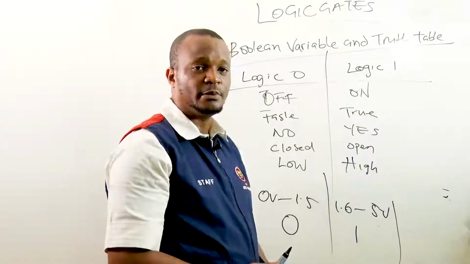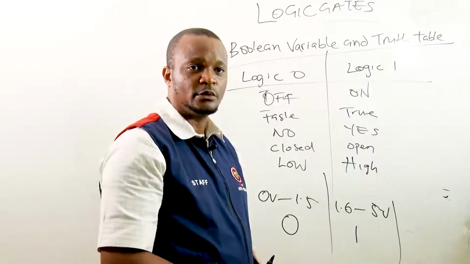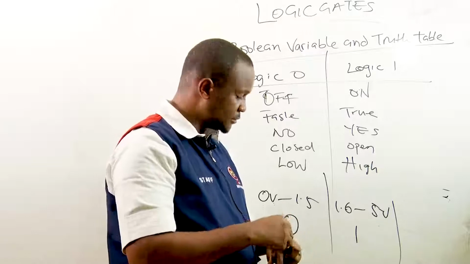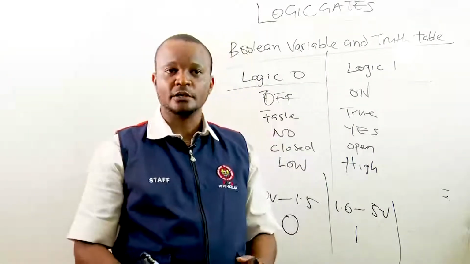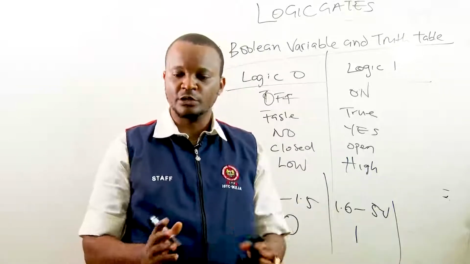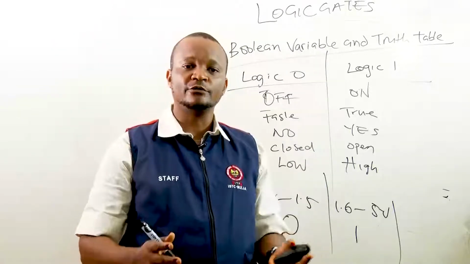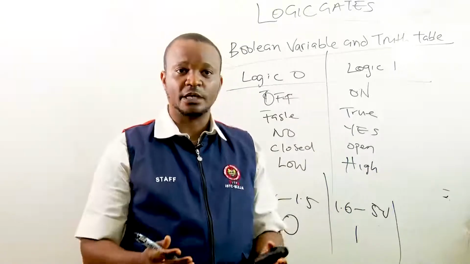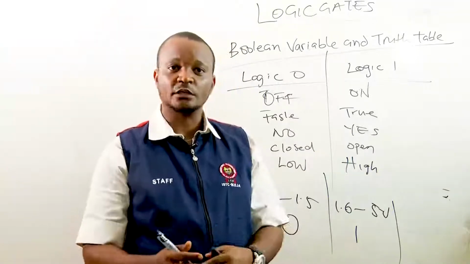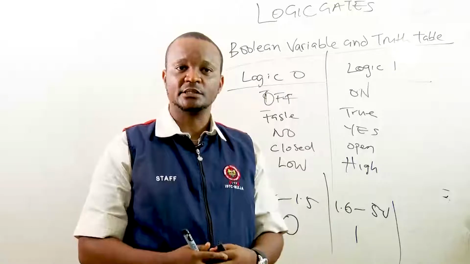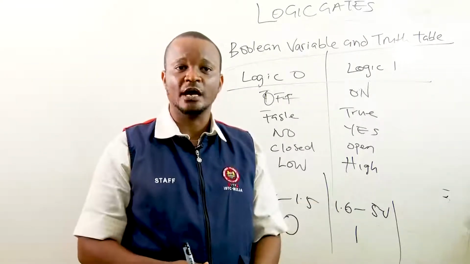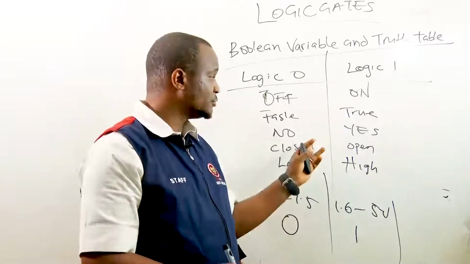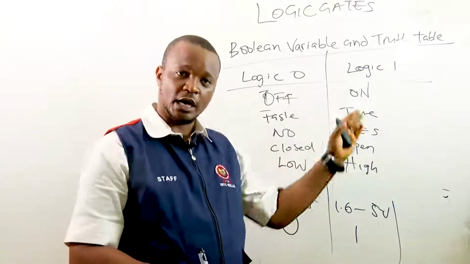So that's what we mean by a Boolean variable. However, there's what we call Boolean algebra. What is Boolean algebra? Boolean algebra differs in a major way from ordinary algebra, the algebra of 1 plus 1 and all that we did in our mathematics, in that the Boolean constants and variables are only allowed to have 2 possible values, which are 0 and 1.